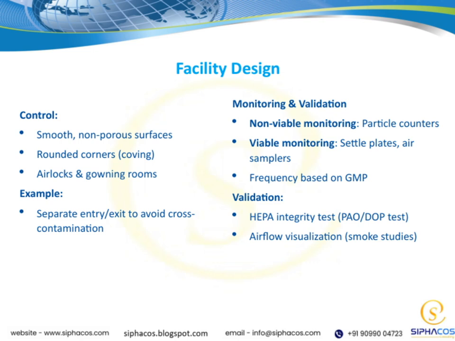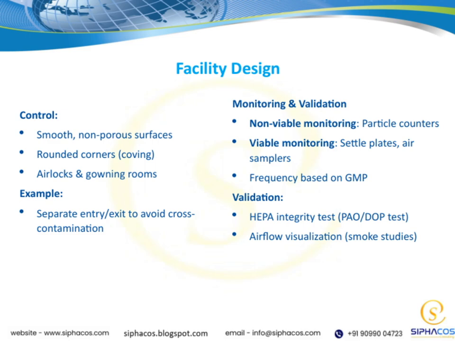We strive to have smooth, non-porous surfaces throughout the facility because these are easier to clean and disinfect. Rounded corners, or coving, are used to eliminate hard-to-clean gaps and prevent dust accumulation. We also incorporate airlocks and gowning rooms to control contamination from personnel entering and exiting clean areas.